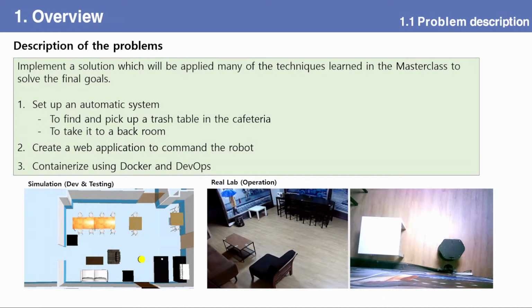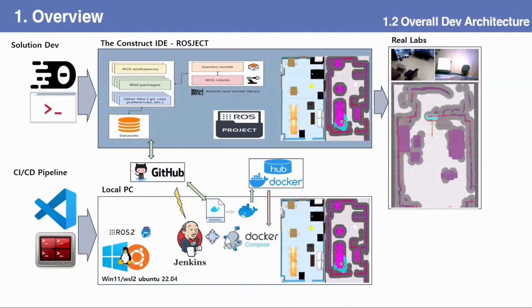First, the overview. This is the overall development architecture for me. With The Construct's ROS development environment, I develop a solution and test in simulation, and also operate in real life. I also focused on the CI/CD pipeline.